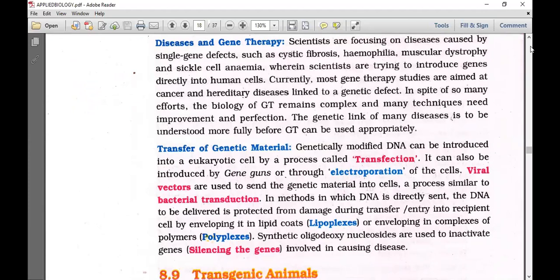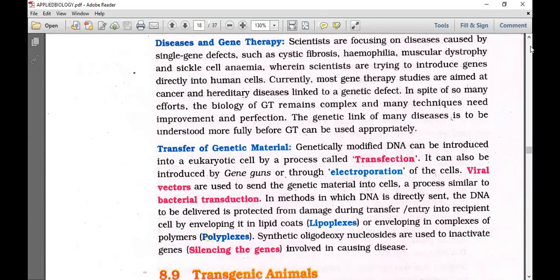Diseases and gene therapy. The scientists are focusing on diseases caused by single gene defects. Whatever we are seeing is also a single gene defect. Some more diseases are there: cystic fibrosis, hemophilia, Duchenne muscular dystrophy, sickle cell anemia. All these are single gene disorders, wherein scientists are trying to introduce the genes directly into the human cells.